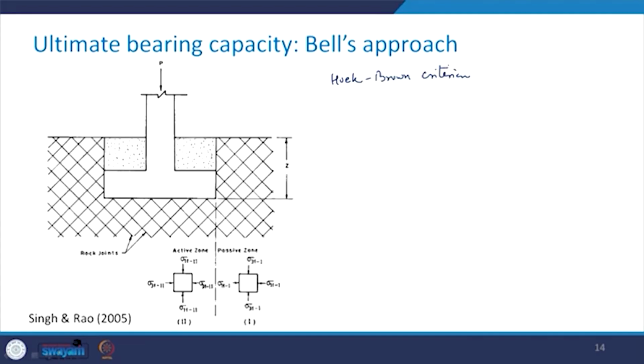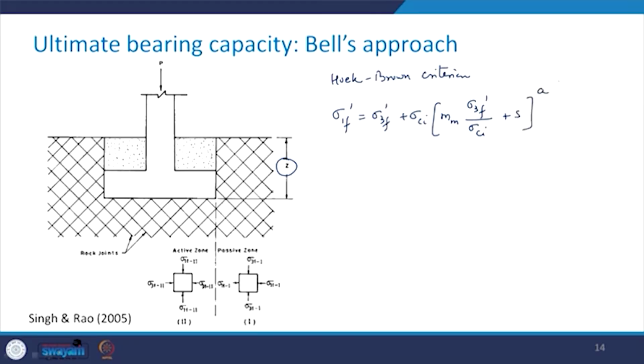In this case, say it has this overburden which will be equal to gamma into z. So what we have here is sigma 1f prime is equal to sigma 3f prime plus sigma ci into mm sigma 3f prime divided by sigma ci plus s to the power a.